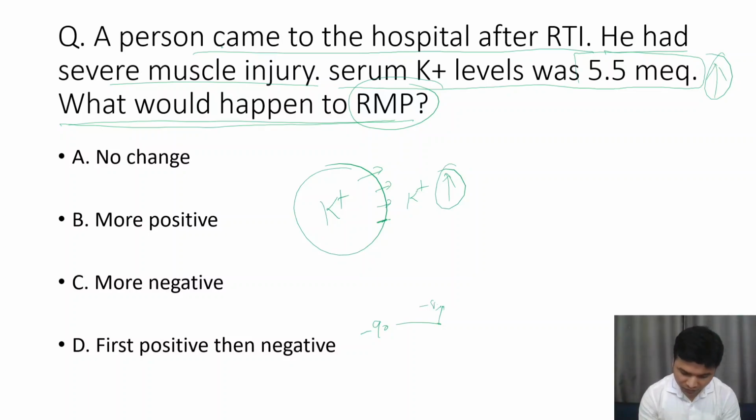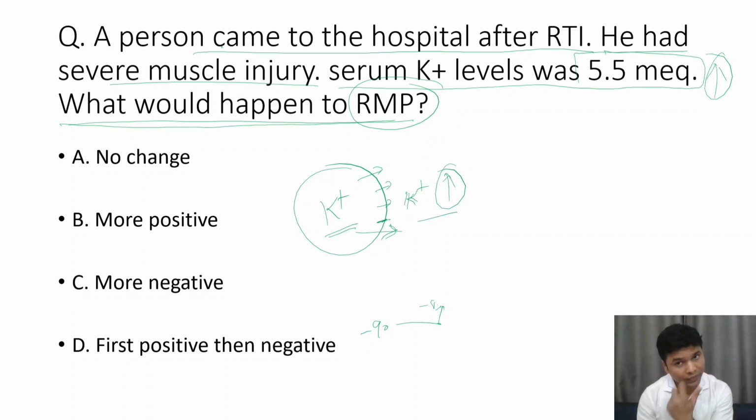But this is because of the gradient. The gradient is very high, suppose 140 inside and 4 outside, so potassium moves out easily. When the potassium channel opens, some amount of potassium leaks from inside to outside.